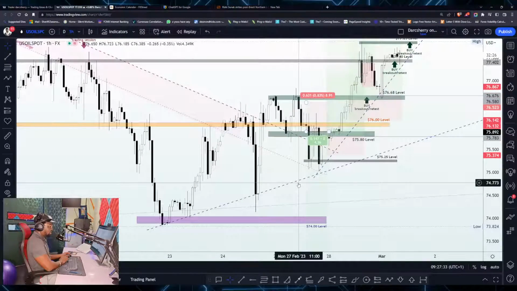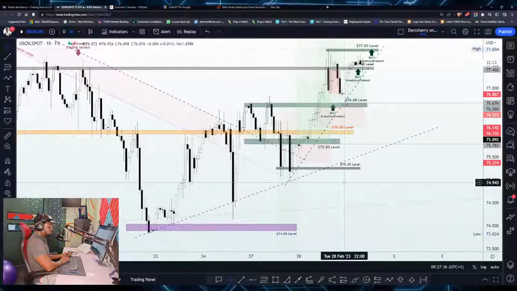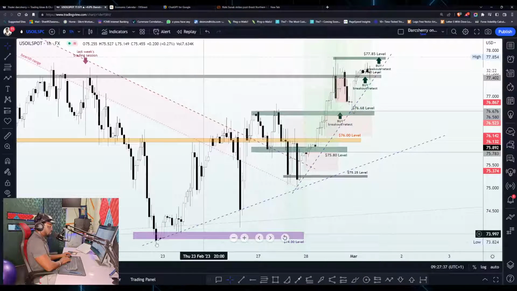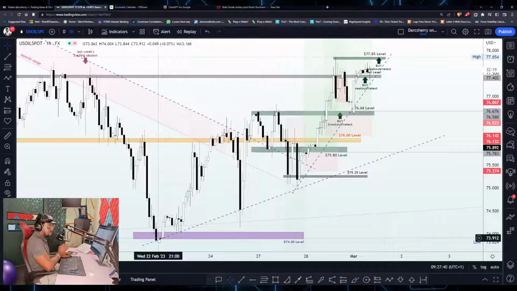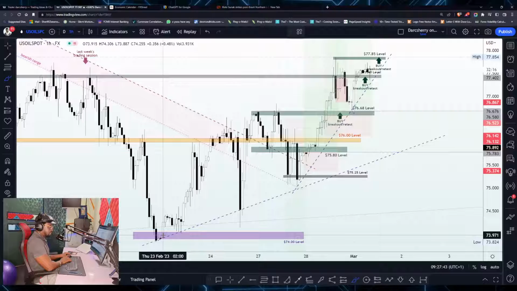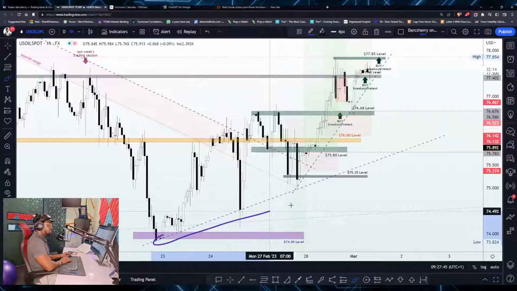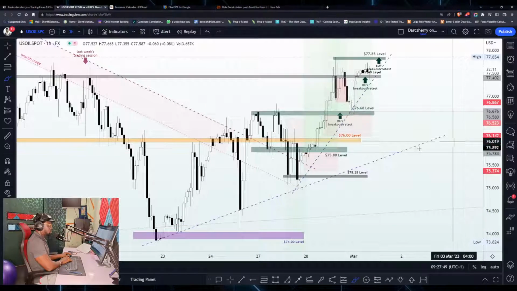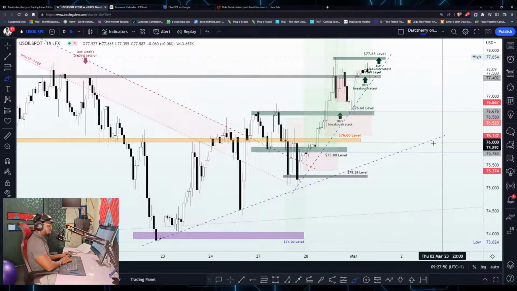So if I zoom out the chart a little bit into looking at what has been happening here since Wednesday last week, remember that we identified this bullish trend line at the beginning of the week. And when we extend the bullish trend line to the future, we can see we have something like this.